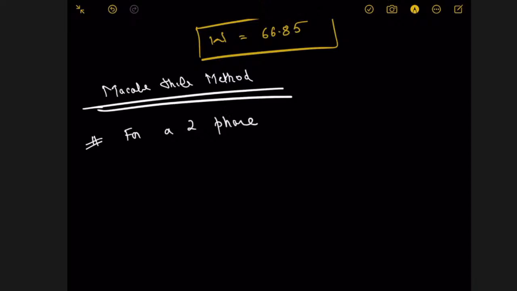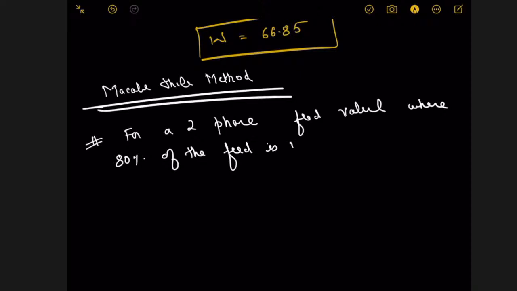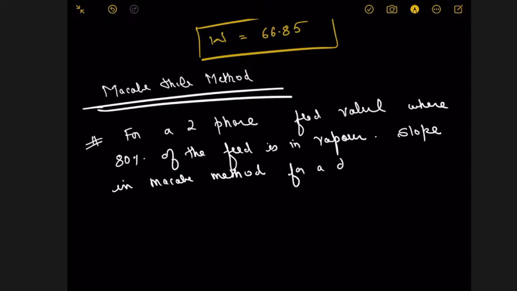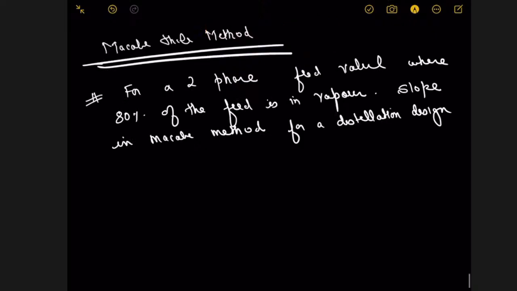For a two-phase feed where 80% of the feed is in vapor, the slope in the McCabe-Thiele method for a distillation design is, so the slope of the feed line is q upon (q minus 1).